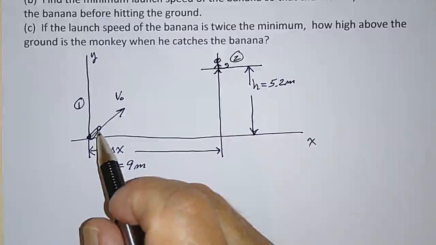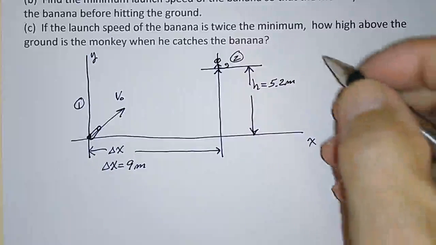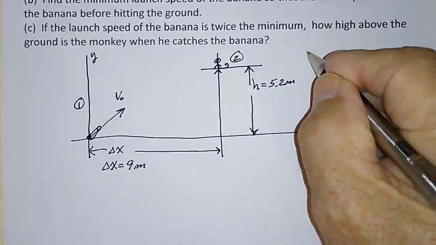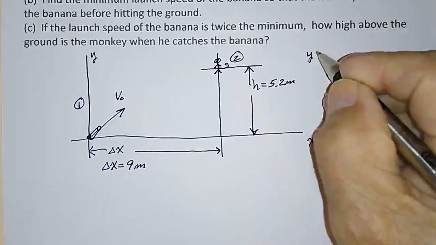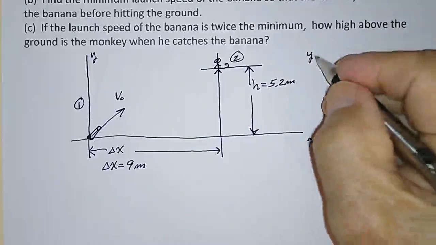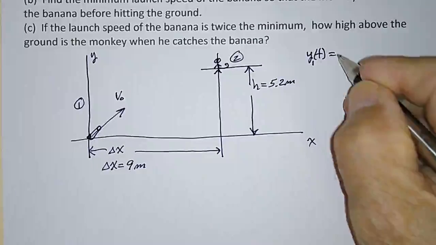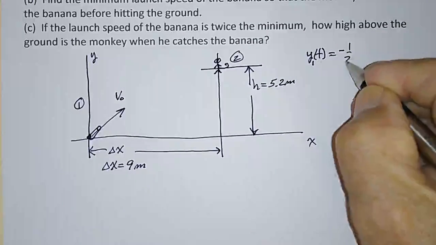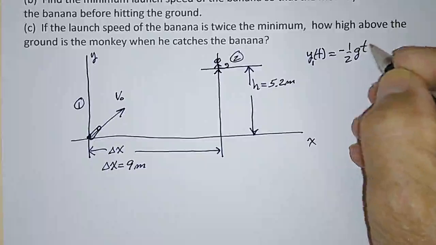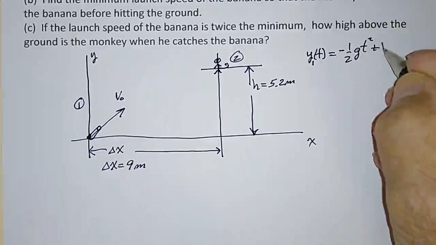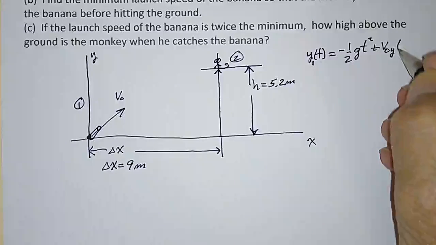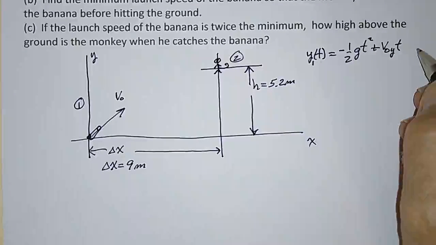So let's describe the motion of the cannonball. We can write that the position y as a function of time, y of t for the cannonball, let's call that y1, is equal to minus 1/2 g t squared plus v naught y t plus y initial.